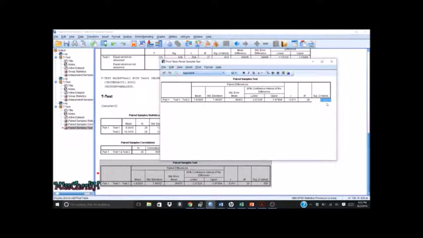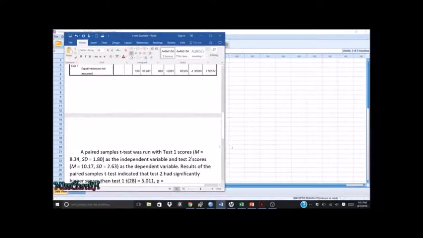So the number does not equal 0, but we do know that it is less than 0.001. So we are confident to a 99.9% if we report that it is less than 0.001.